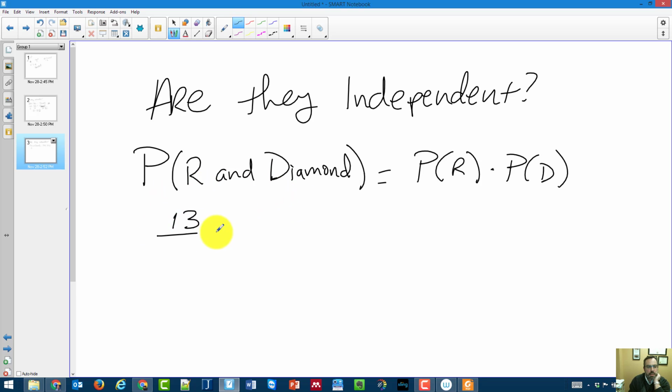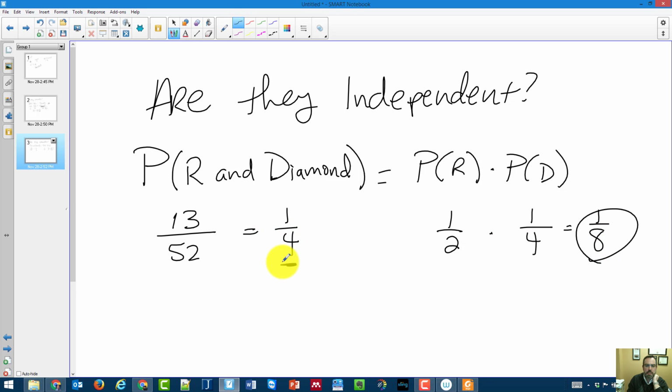Well, there's 13 of them out of 52 total, so that's 1/4. That's the probability I'm looking for. Well, half of the cards are red, 1/4 of the cards are diamonds. That equals 1/8. Notice these are not independent.